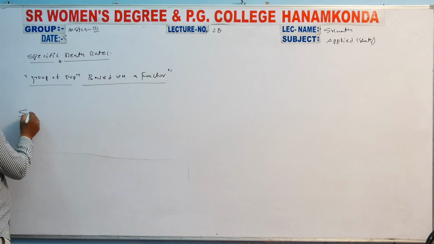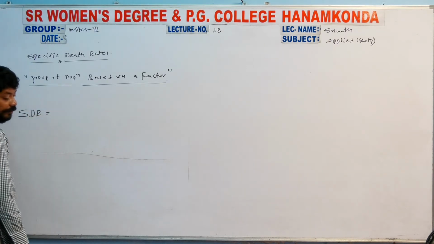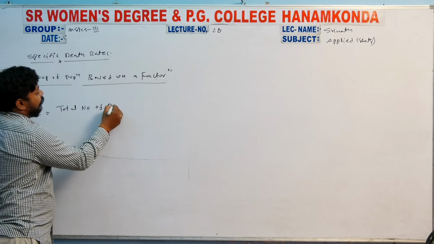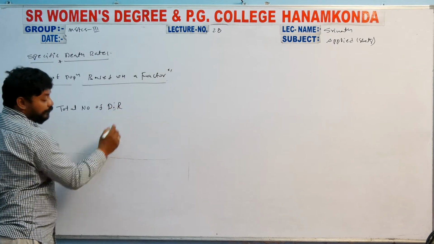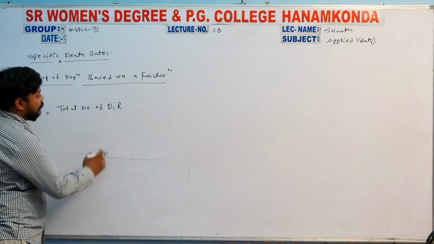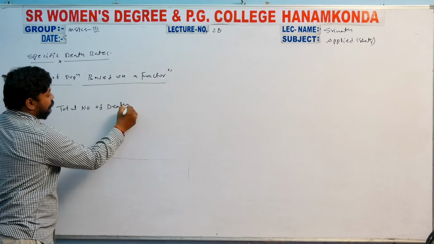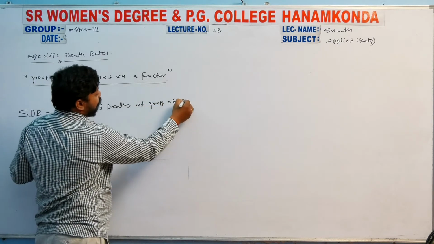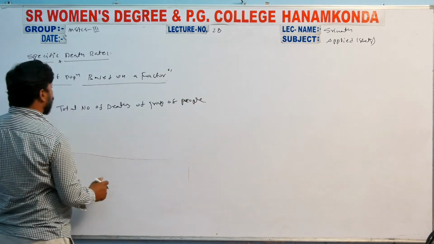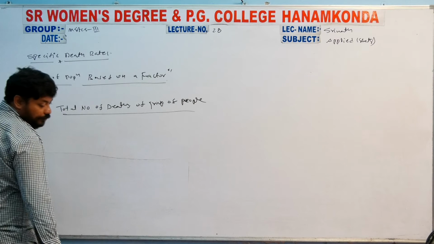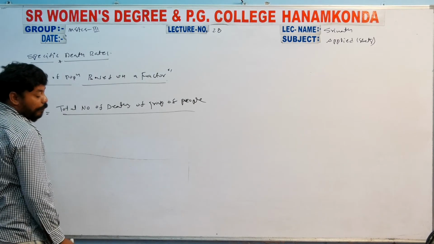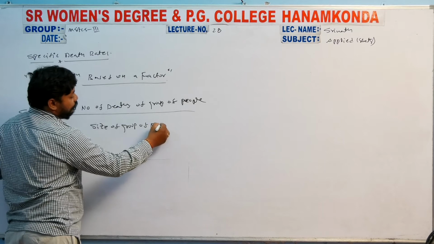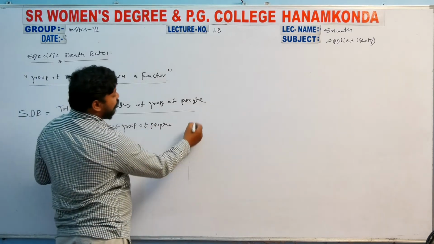The specific death rate is the total number of deaths of a group of people by size of the group of people into K.